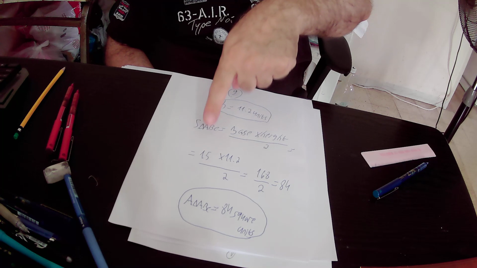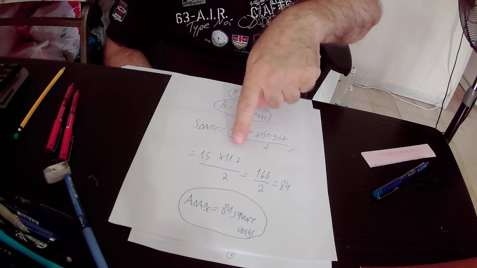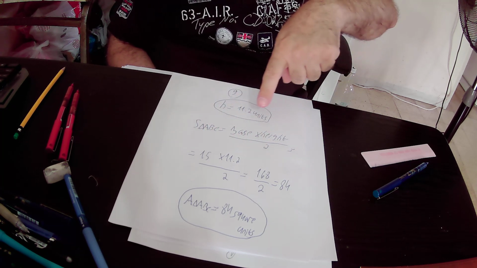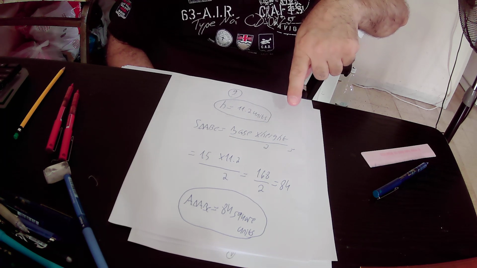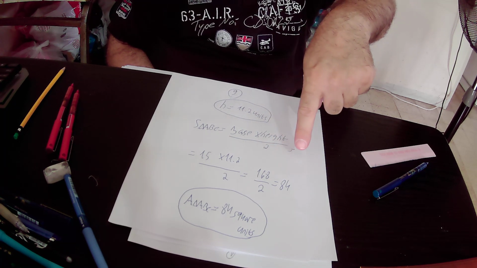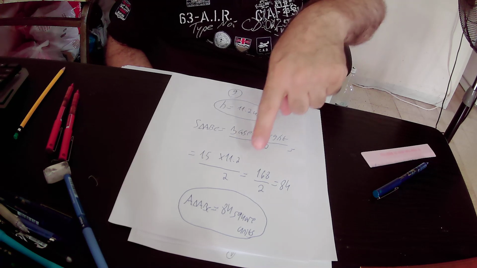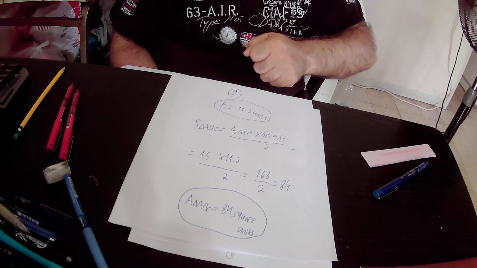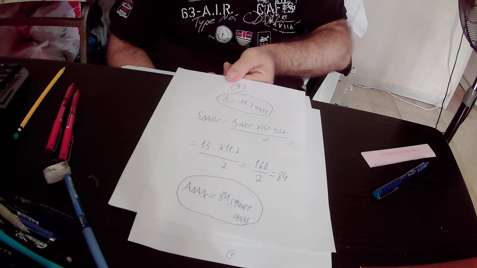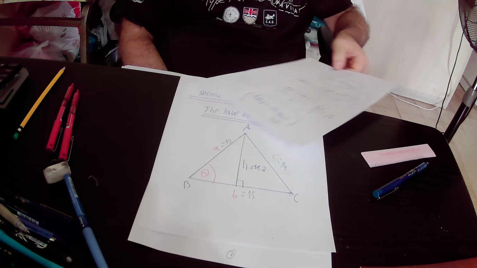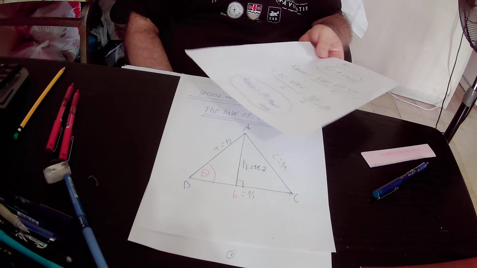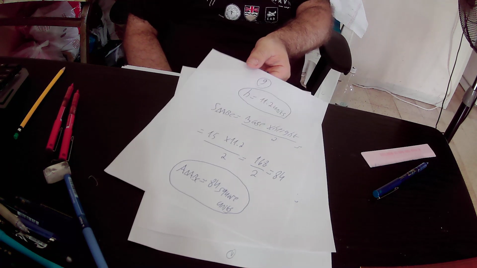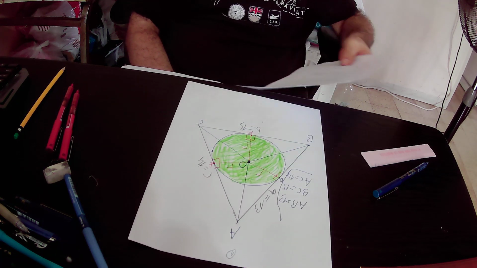The base is 15 units, the height is 11.2 units, all divided by 2. So we put the data inside this equality, and we found out that the area of triangle ABC equals 84 square units. Okay, so this was actually the second method to find out the area of triangle ABC.